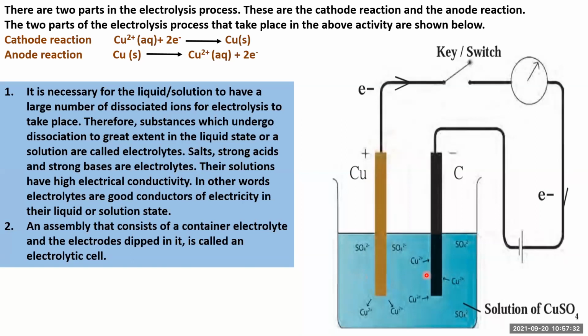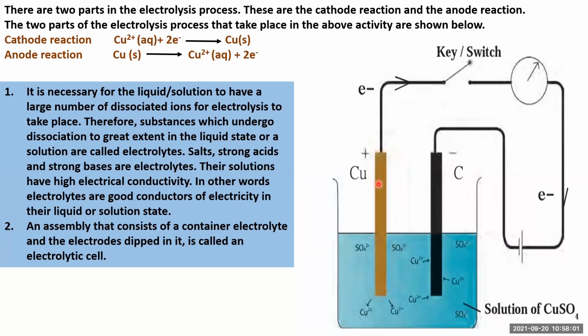The electrolyte must be in liquid state or in the form of solution, and the solution is of either salt, strong acid or strong base. The dissociation of ions must occur, otherwise the current cannot pass through this solution.